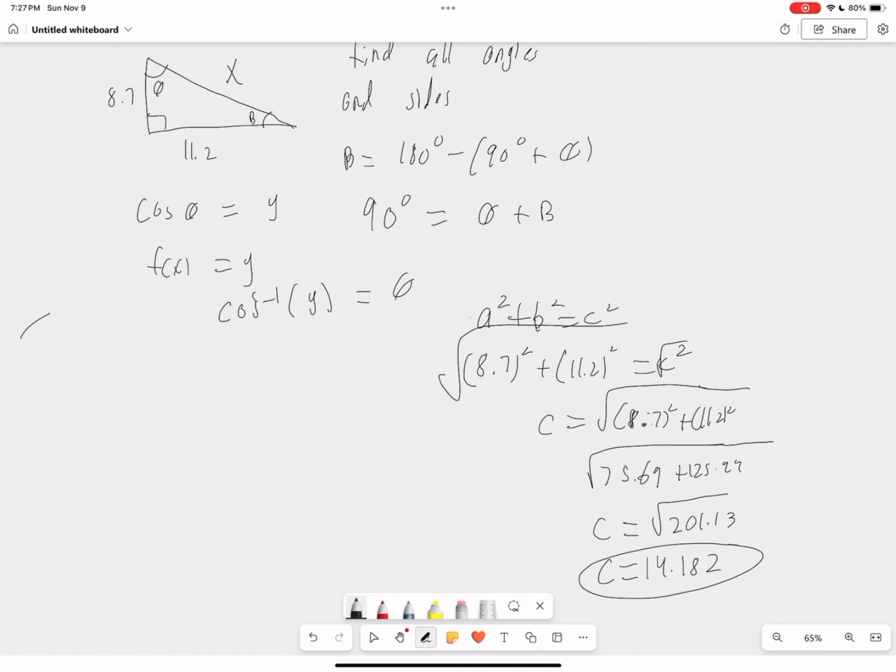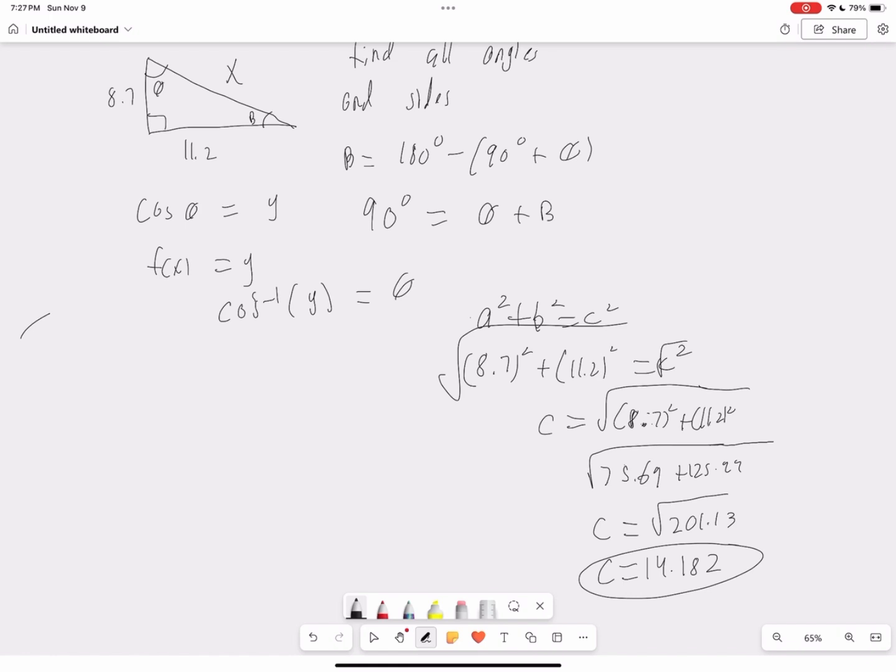Technically, we didn't really need it. We could have just used the two sides that were given, but we needed to find it anyway. So let's go ahead and find theta and beta. The opposite of theta is 11.2, and the hypotenuse is 14.182.